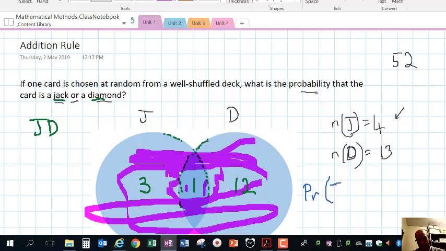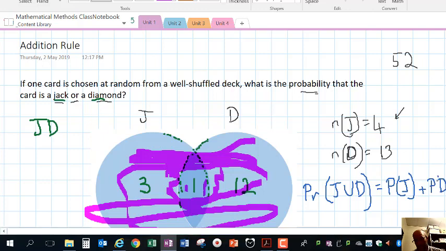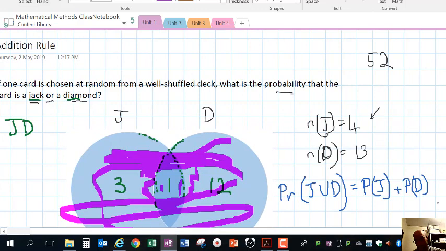of J in union with D, because that's a union situation, is the probability of J plus the probability of D minus 1 lot of overlap.